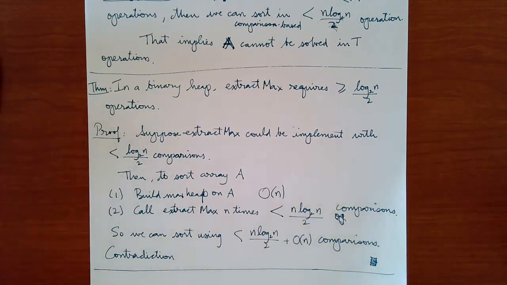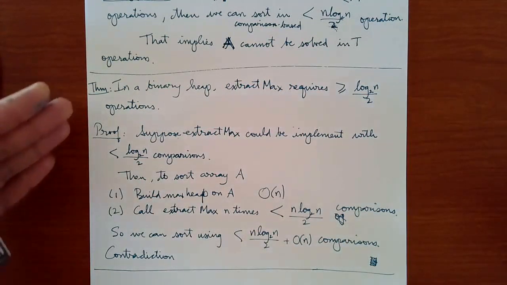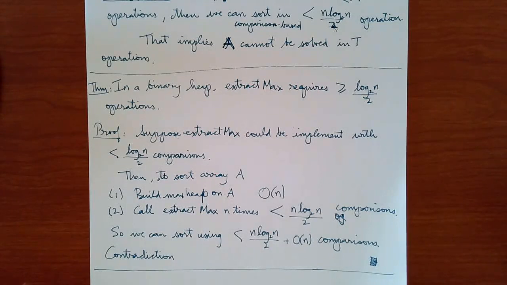So I wanted to do this to demonstrate the power of the sorting lower bound, because now we can argue that binary heaps are essentially optimal.